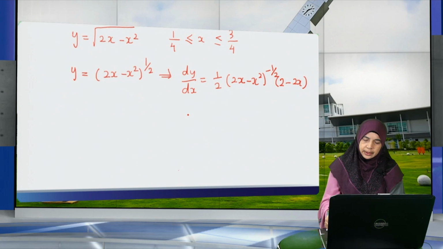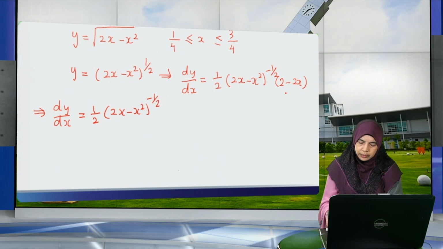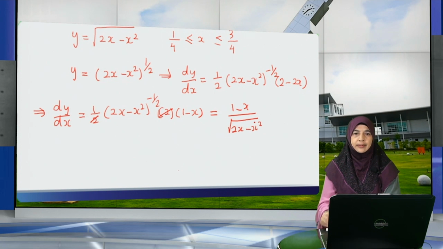Then we simplify: dy/dx equals half times (2x minus x squared) to the power of minus half, and we factor out the 2 to get 2 times (1 minus x), so that we can cancel this 2 and this 2 here. So our result will be (1 minus x) divided by the square root of 2x minus x squared.